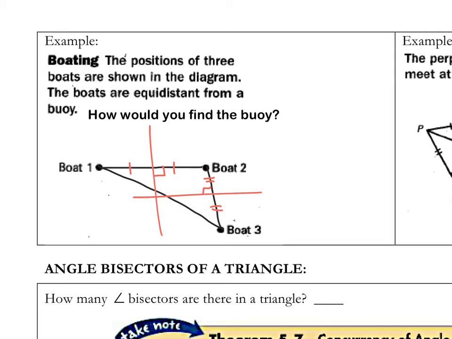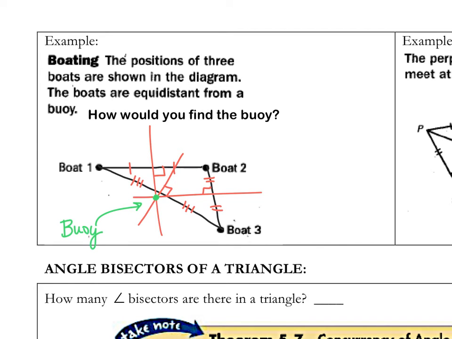I really don't have to draw the third one, because since they're concurrent, I know that the third one would go through that same point. But here's your last perpendicular bisector, so it would cut there, and the circumcenter would lie there, and that's where the buoy should be located.